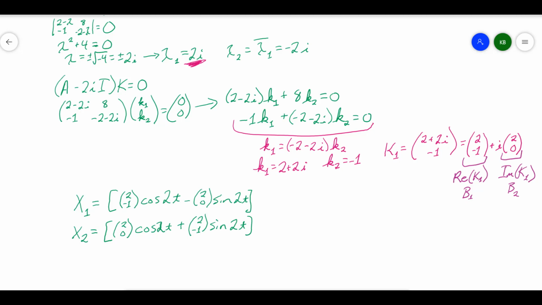And again, it's e to the alpha t, so it'll be e to the 0, which we don't have to write. And then, of course, when we have our two component solutions, to find our general solution, we have x equals c1 x1 plus c2 x2. And there we have it. That is our general solution.